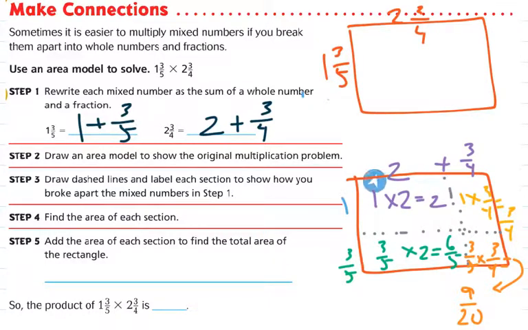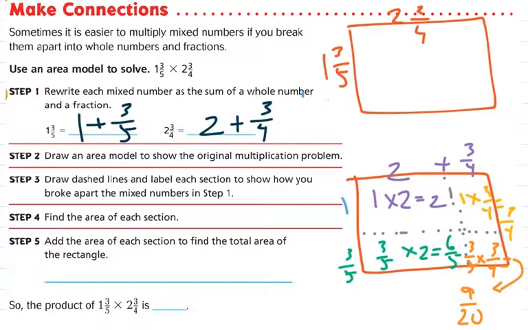So this section piece was 2, this section piece is 1, 2 times 1 is 2, so this whole section here would be 2. Now, this piece here was the 3/5 part of that 1 3/5. So we have 3/5 times 2, and the 2 was taken from up here because this side would have the same length as that side. 3/5 times 2 equals 6/5.